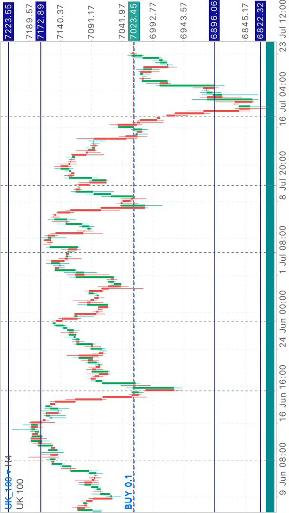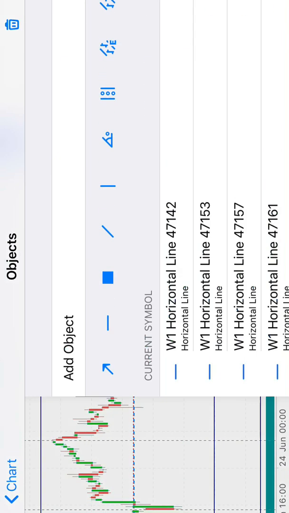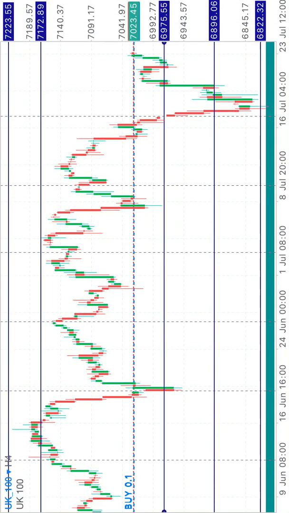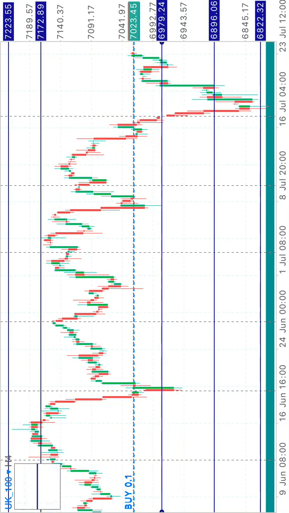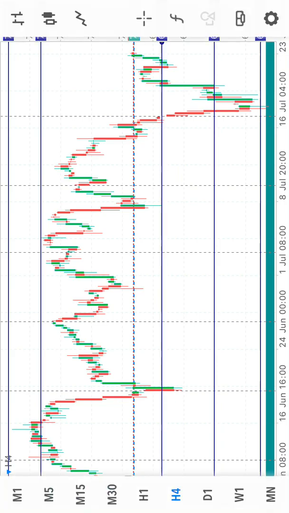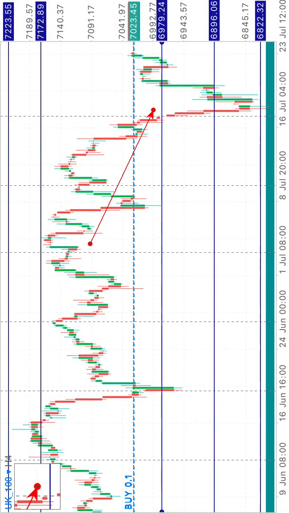On 4 hour we're having this resistance, which is 6979, and then if you can check here, prices broke above this arrowed candle.